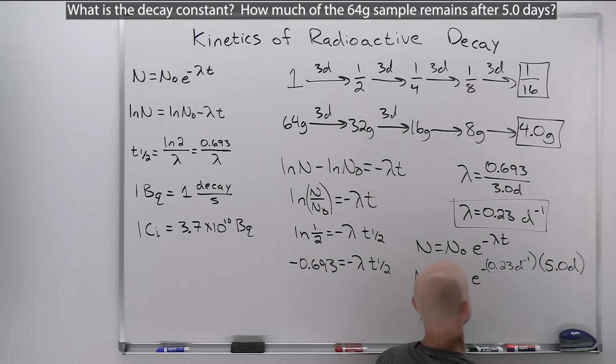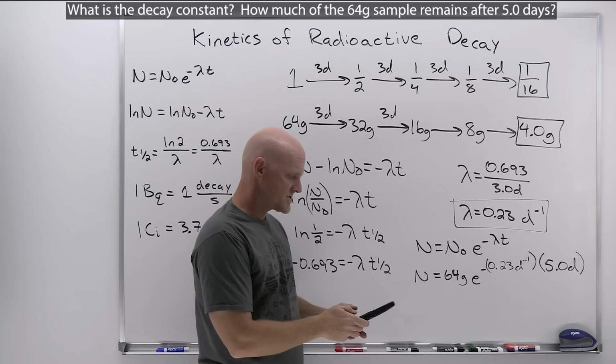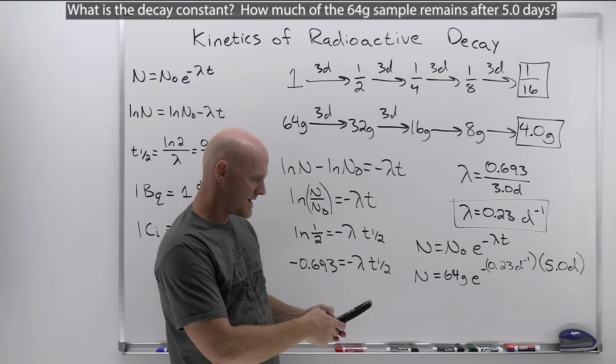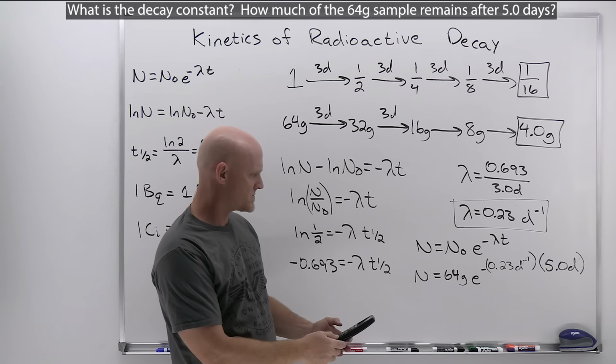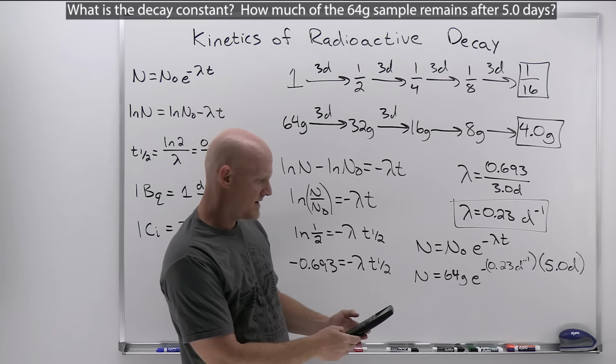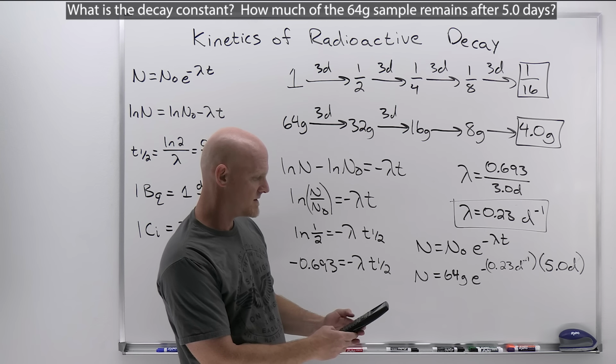And the days cancel as they should. And once again, we'll let our calculator do the heavy lifting. So we're going to have 64 times the exponential, which is usually a second function of your natural log. And then I'm going to put parentheses, negative 0.23 times 5, and my parentheses.